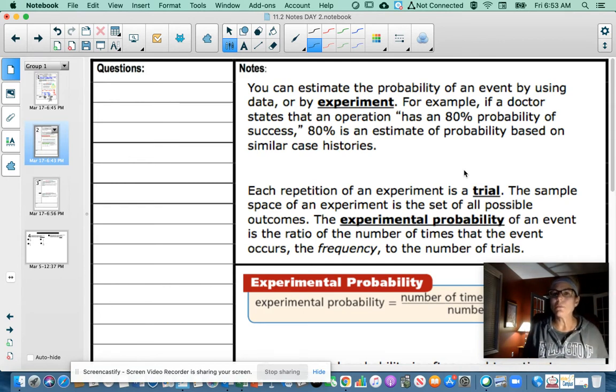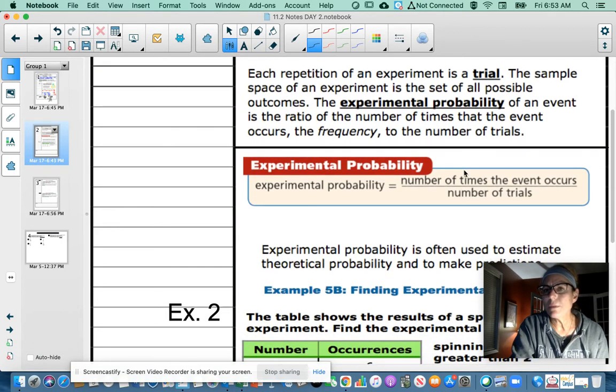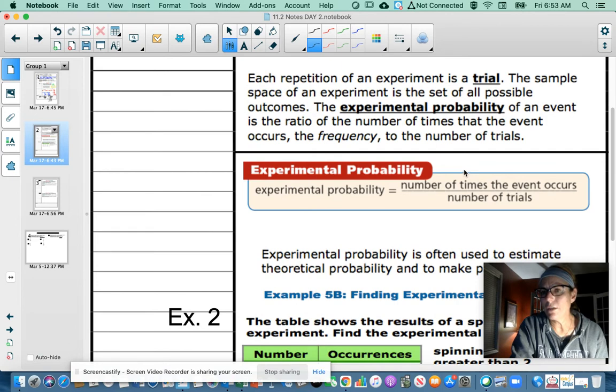You can estimate the probability of an event by using data or by an experiment. For example, if a doctor states that an operation has an 80% probability of success, 80% is an estimate of the probability based on similar case histories. Each repetition of an experiment is a trial. The sample space of an experiment is the set of all possible outcomes.